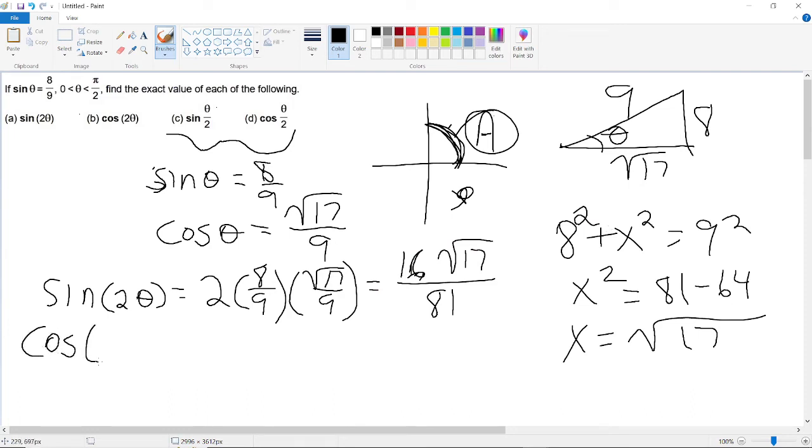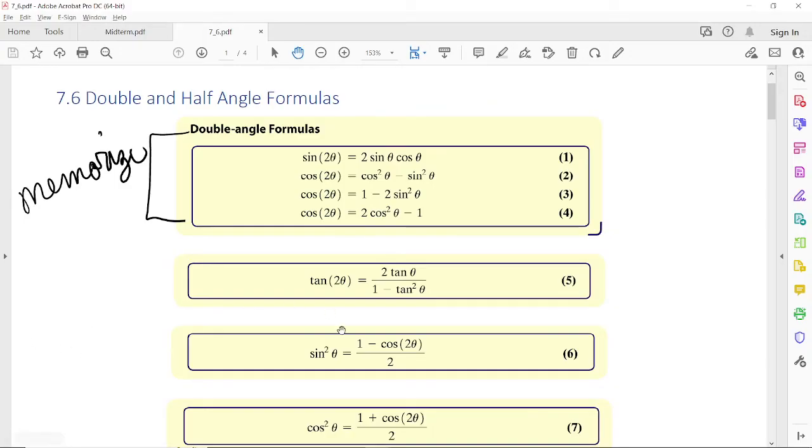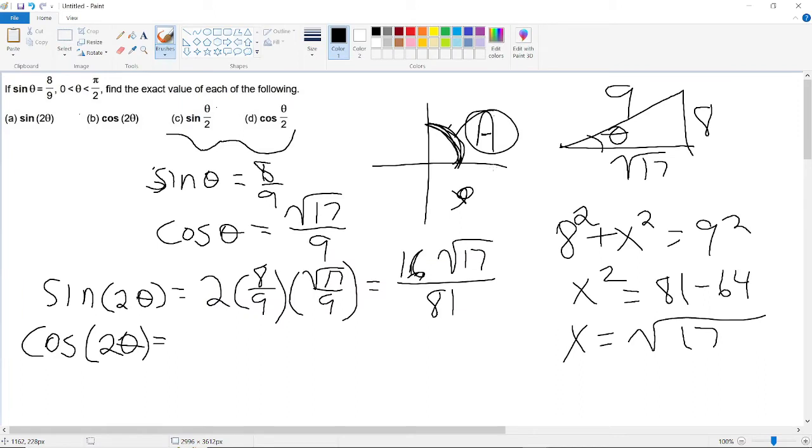Cosine of 2 theta equals, what is the formula for cosine 2 theta? Well, we have a lot of different formulas we can use. Let's try 1 minus 2 sine squared theta, because we already have sine. 1 minus 2 times sine squared theta; sine is 8/9, so sine squared is 64/81.